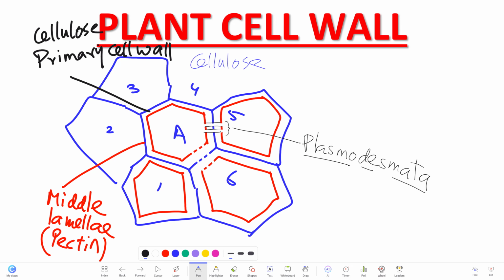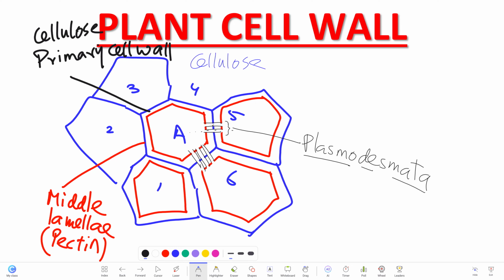Plasmo as in cytoplasm. So the cytoplasm goes from one cell to the other. Molecules keep moving to each other. It's like a hole in your room. Through that, you tell your mom, "Please bring tea." Something like that. So this cell is talking to these cells through these openings. What is it called? Plasmodesmata, right?